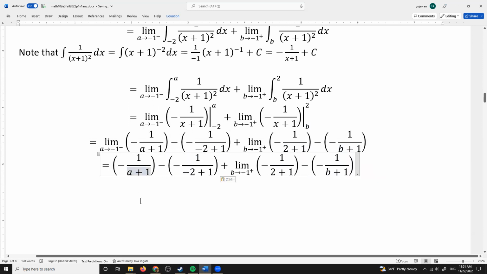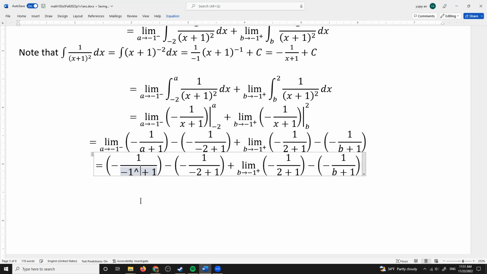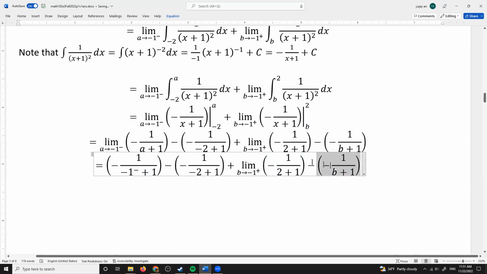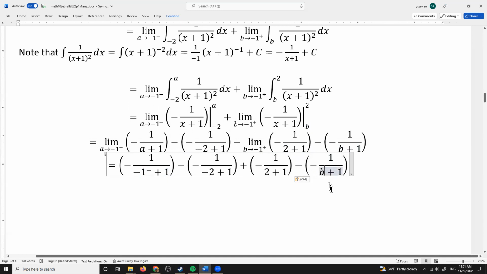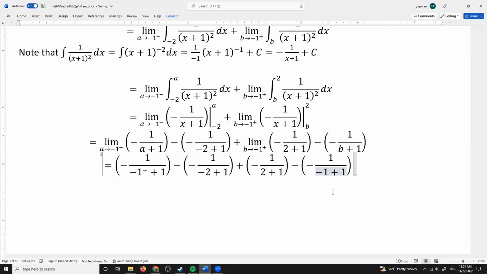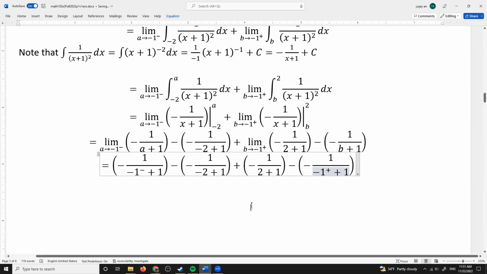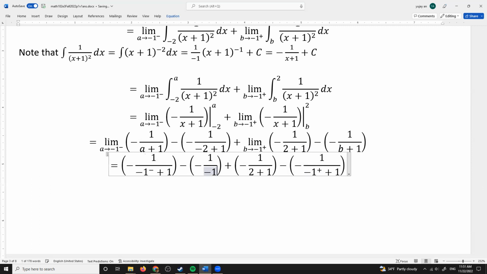So a is -1 minus, and then b is -1 plus. All right, so let's simplify a few things here. This is -1. This is +3.